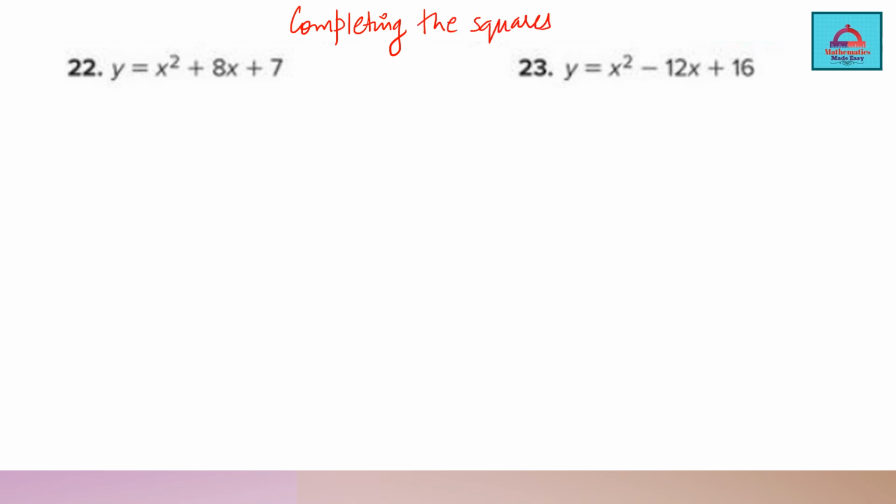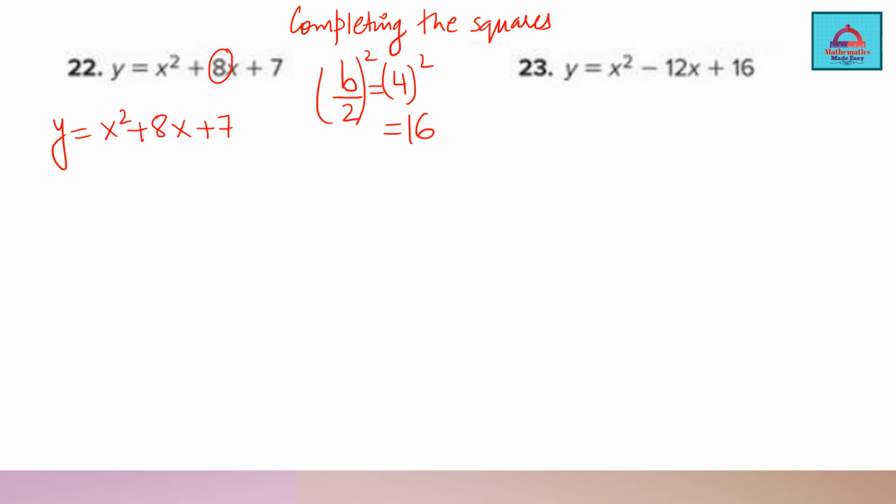So the completing the square method says take the value of b, divide by 2, which is 4, do its square and add and subtract that to the equation. So y equal to x square plus 8x plus 7. That means plus 7 is already there. We need to add 16.